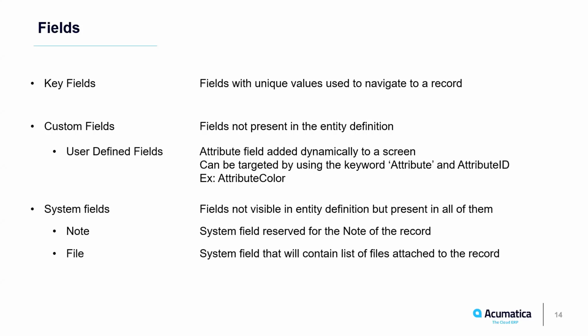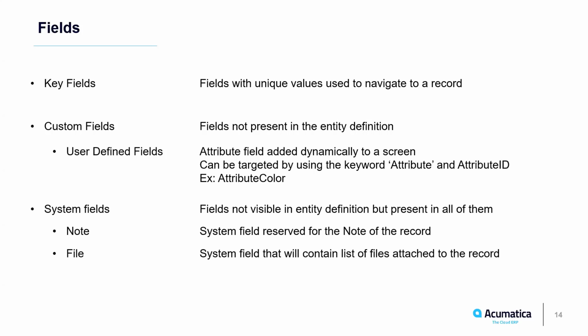We also have system fields, which are fields that are not visible in the entity definition. If you were to look at any entity inside of the web service endpoint, you would see a list of fields defined in them. System fields would not be present in any of them as they're part of the system contract, but if you were to perform any request, either a get request or a put request, you would see these fields added to the response from Acumatica.